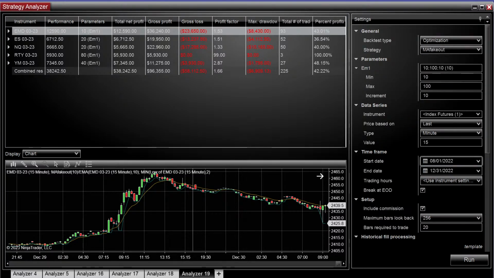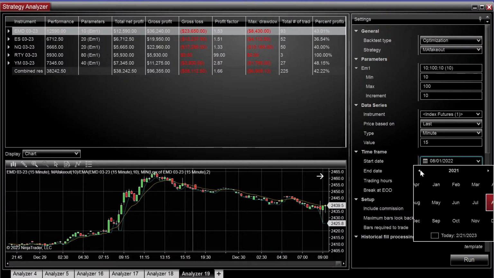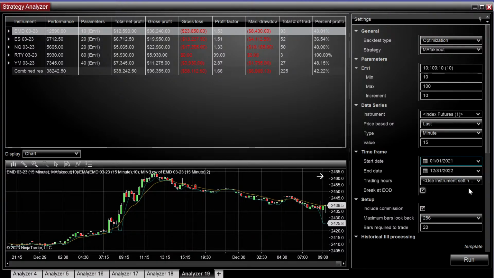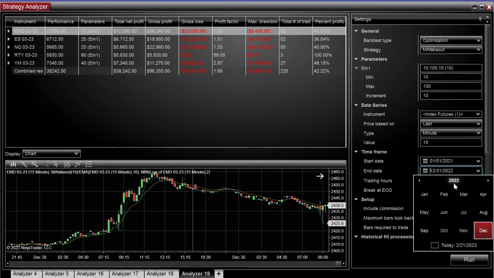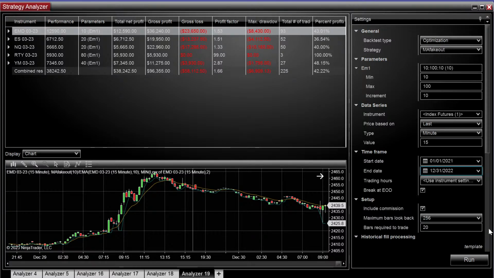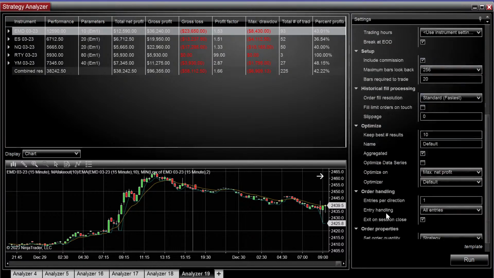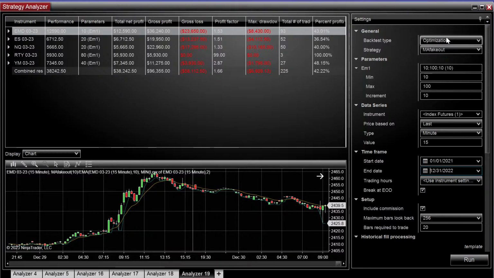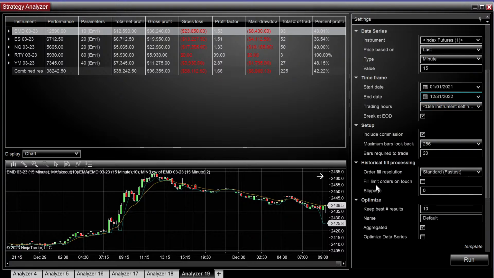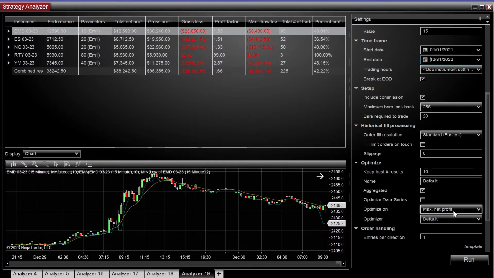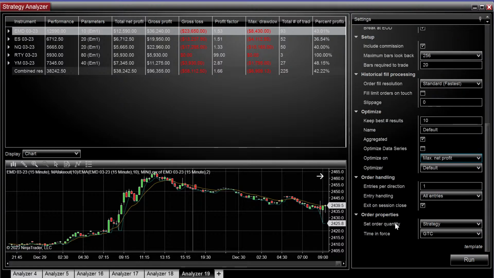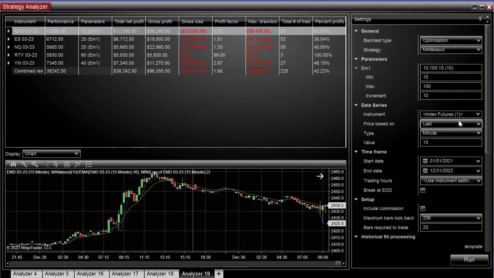We're gonna find out what time period does best for the indexes, and then it's the same process for the other asset classes. So we're going to go to optimization, 21 through 22, aggregate the results, maximum net profits, and we're going to run through the accepted time frames.